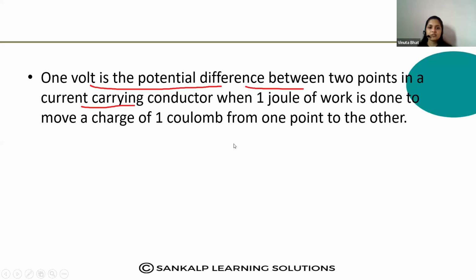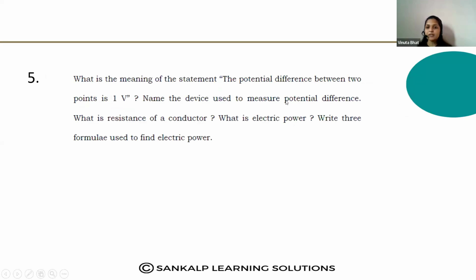That is the meaning of 1 volt. Then name the device used to measure the potential difference. Potential difference is measured by the voltmeter.